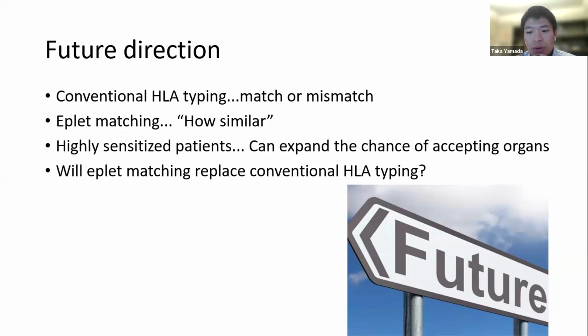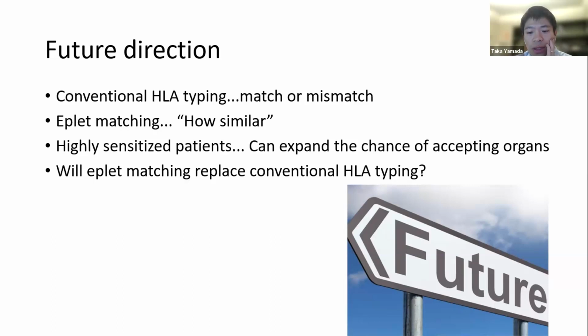This approach holds particular promise for highly sensitized patients, since assessing the immunogenicity of potential donor organs broadens their chances of acceptance. So the question remains, will Eplet matching eventually replace conventional HLA typing?